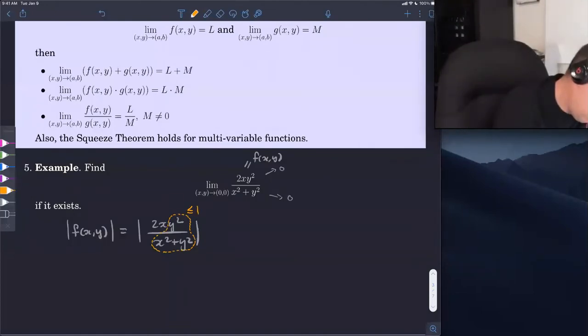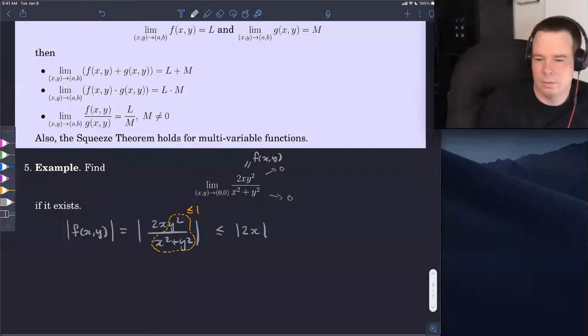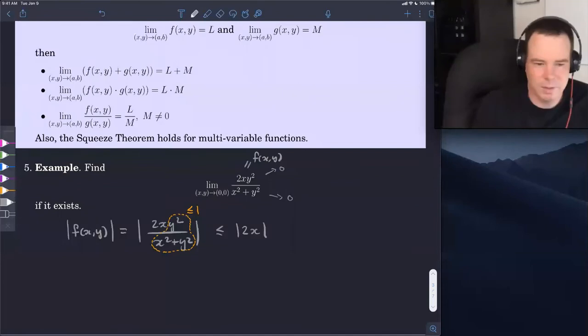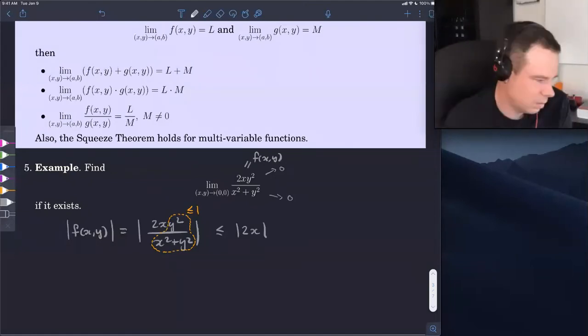And that means the magnitude of the function is at most 2x. And as x, y goes to 0, 0, what does this 2x go to? It goes to 0.